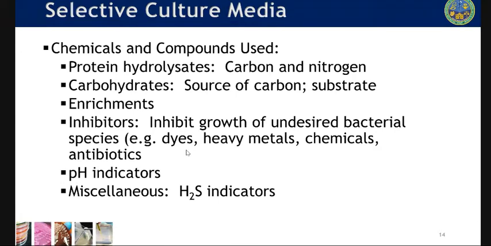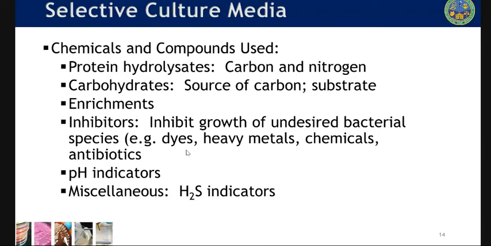That includes protein hydrolysates, which provide carbon and nitrogen sources for the microorganism. And then you also have carbohydrates as the source of carbon, and at times they become a substrate.